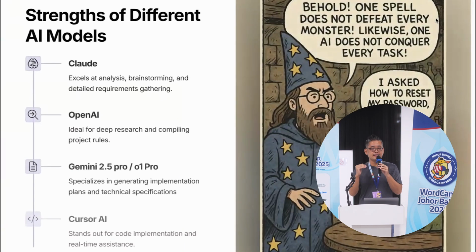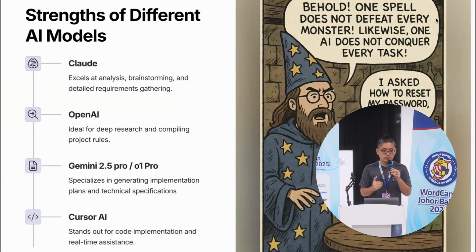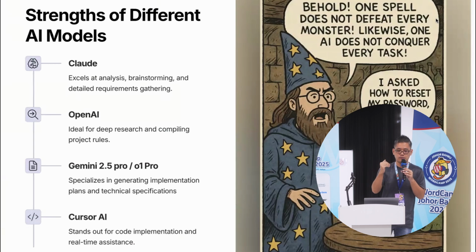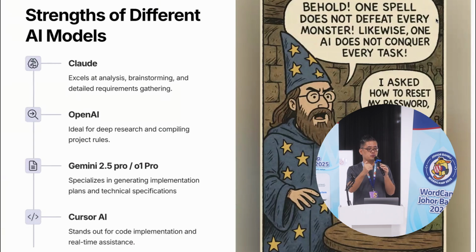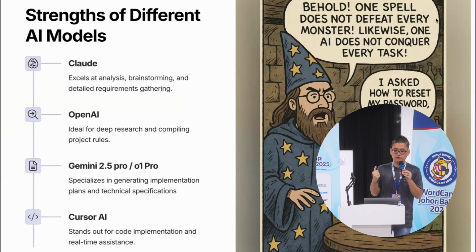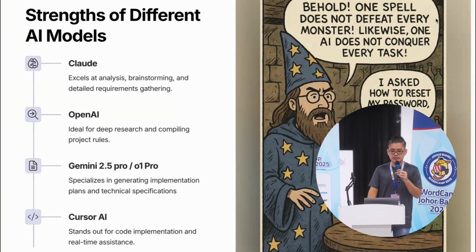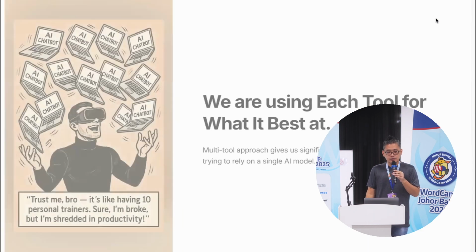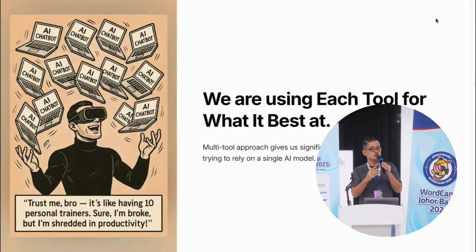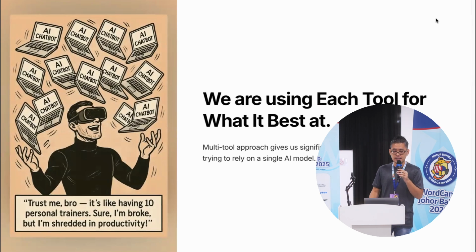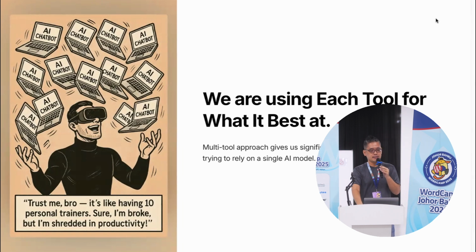So in our example here, we use Claude for brainstorming, we use OpenAI Deep Research for project rules, we use Gemini 2.5 Pro for generating specs and plan, and then lastly, we use Cursor AI for code implementation and debugging, right? So we are basically using each tool for what it's best at. So this multi-tool approach will give us significantly better results than trying to rely on one single model.